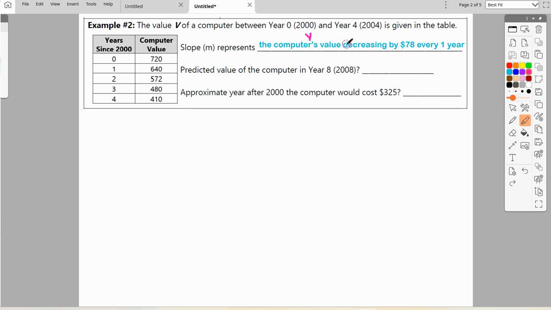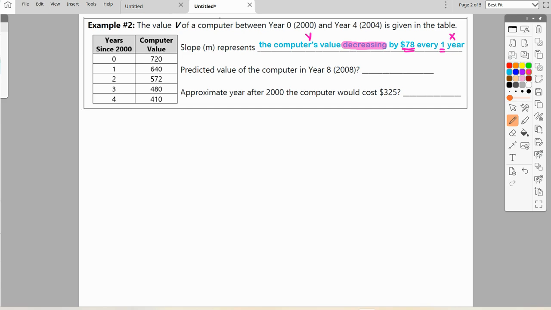It's increasing if it's a positive number, decreasing this time because it's a negative number. And we put the number itself here. And the last formulation of this is we do per, or in this case, every 1x value. So you always use 1, and we'll talk about the x value here. So our statement reads slope m represents the computer's value decreasing by $78 every 1 year.